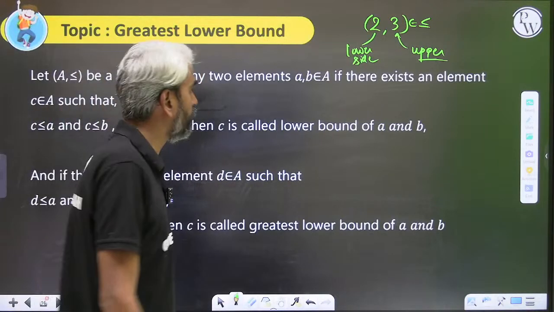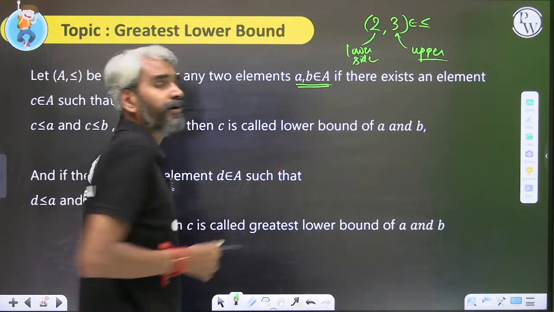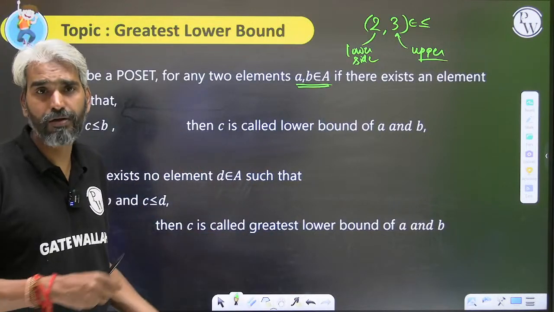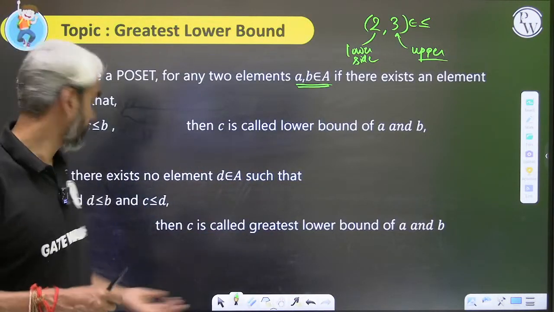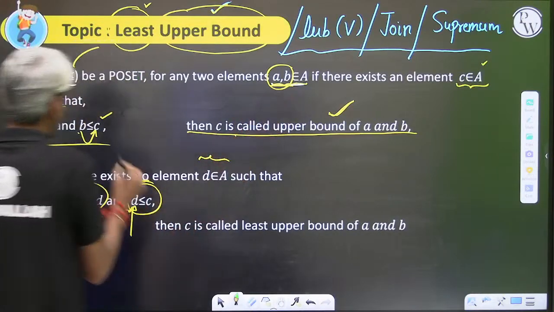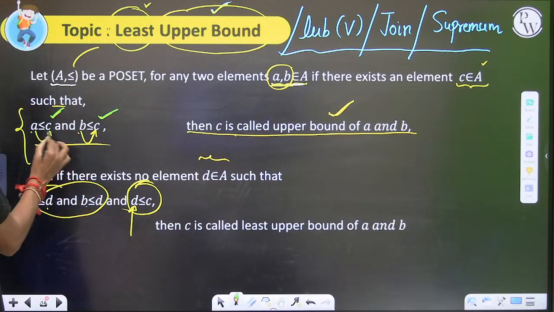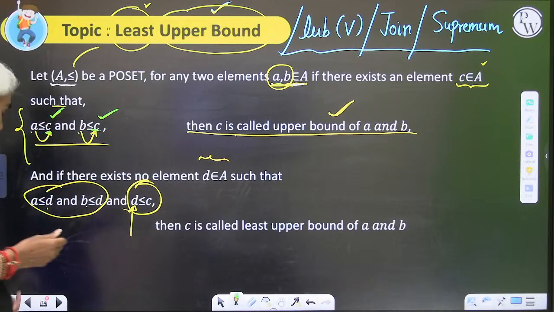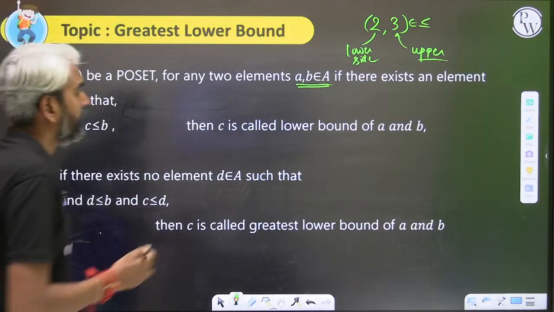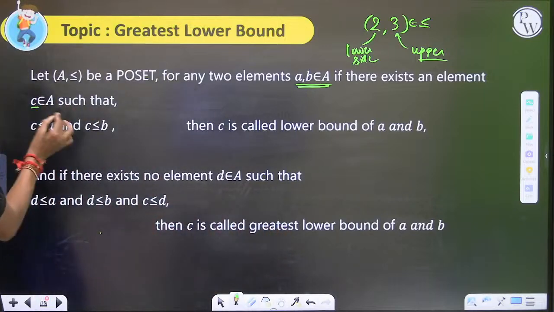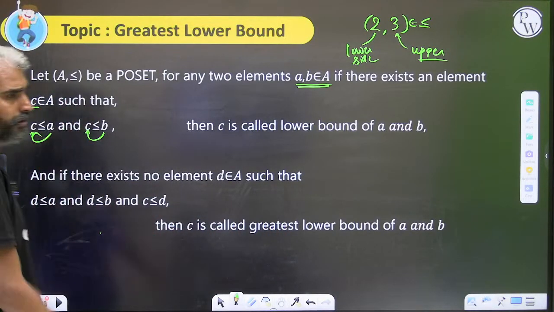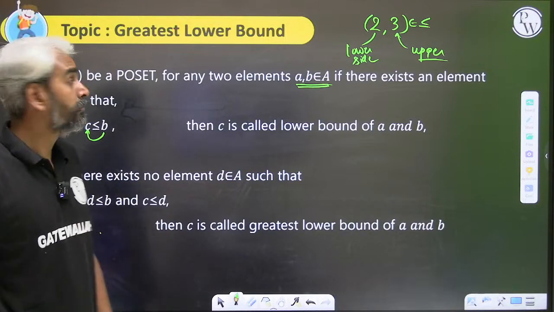So if we are looking for the lower bounds of A and B, then we are looking for the element C which is on the lower side of A as well as on the lower side of B, whereas in the upper bound, we looked for the elements which are on the upper side of A as well as on the upper side of B. Clear? So that's the idea.